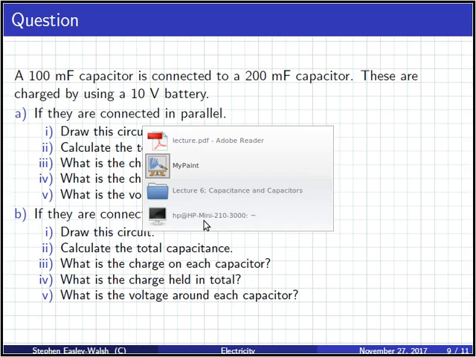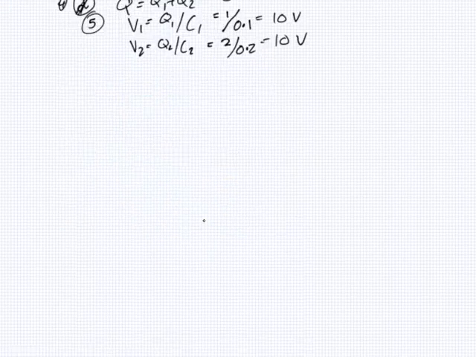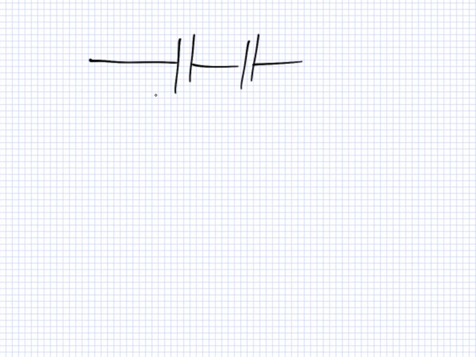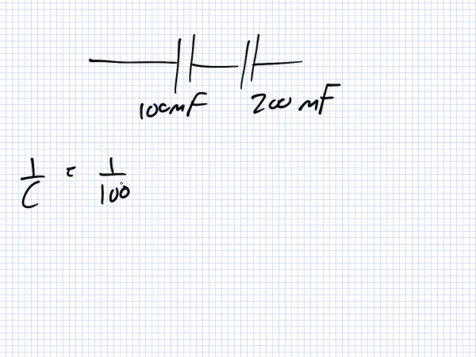Okay. So, the first one, I don't need to draw it. Well, okay, I'll draw it roughly, but in series is like this, yeah? 100 millifarads, 200 millifarads. 1 over C equals 1 over 100 millis. These are in millis. Plus 1 over 200.